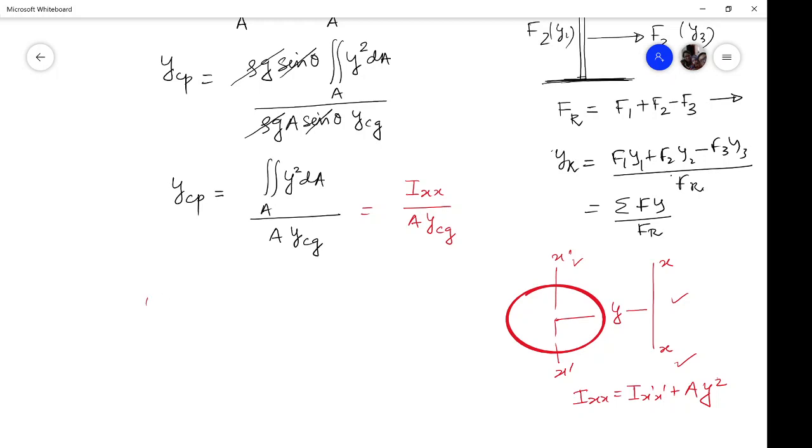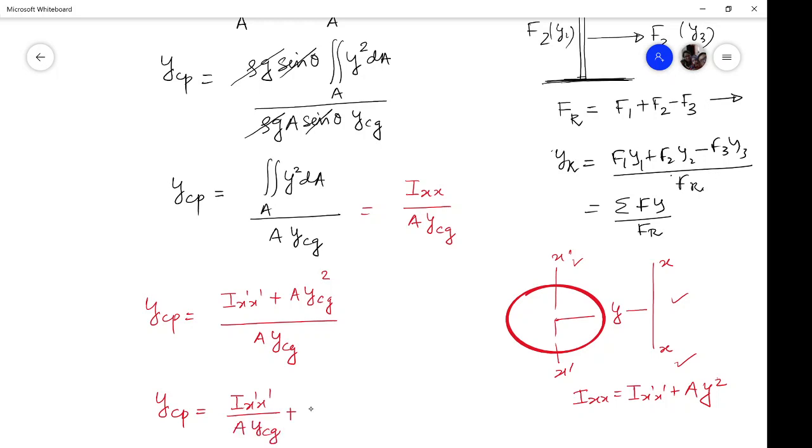So if we use this for y center of pressure, because the centroidal axis parallel to x is I x prime, this is I x prime plus A y center of gravity square divided by A y center of gravity. So this y center of pressure becomes I x prime by A y center of gravity plus y center of gravity.